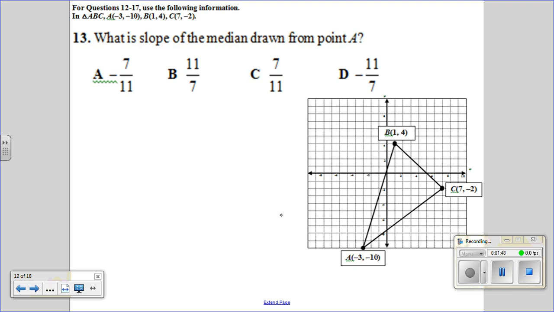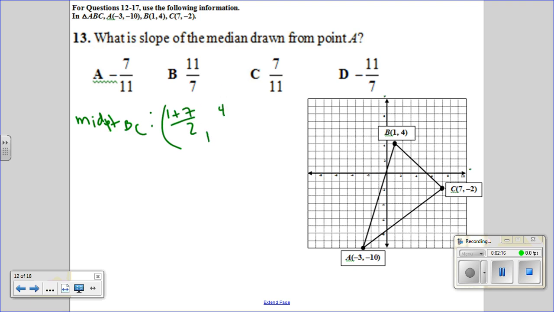Number 13, what is the slope of a median drawn from point A? In order to be a median from point A, it needs to leave point A and cross the midpoint of BC. So we first have to find the midpoint of BC. Again, using the midpoint formula, our x's are 1 and 7 divided by 2.